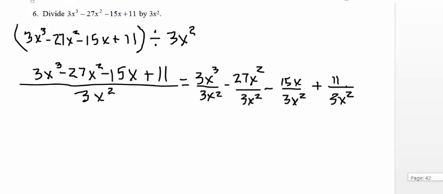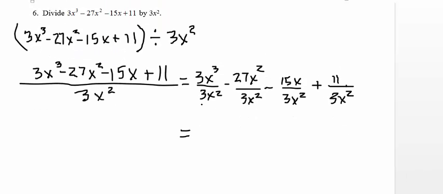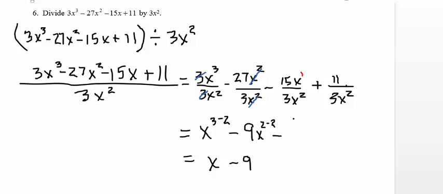And remember that simplifying means there are no zero and negative exponents, and all fractional expressions are simplified. So negative 27 over 3 is a negative 9. X squared divided by x squared is x to the 2 minus 2.